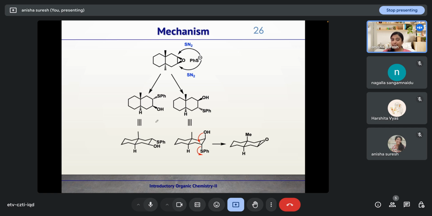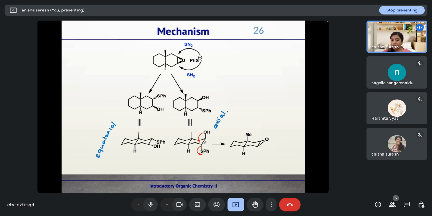But in this case, both the alcohol and the thiophenol are coming in equatorial position. Here both are equatorial and here axial.